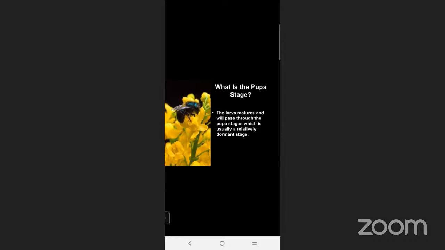So these are the main sclerites that we see in the head part of the insect.